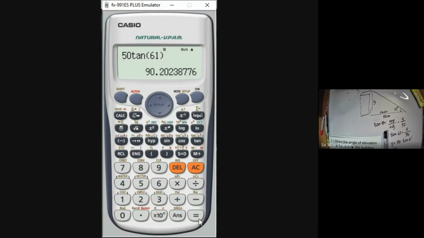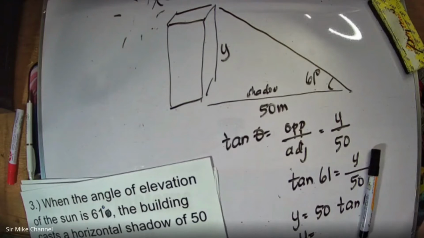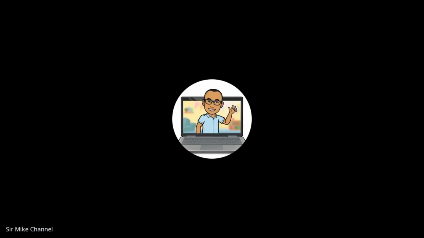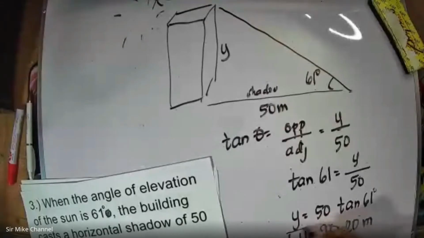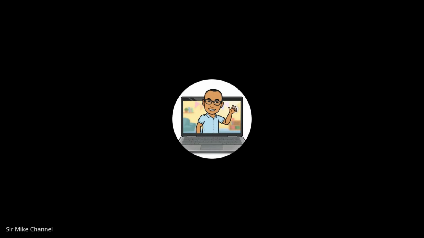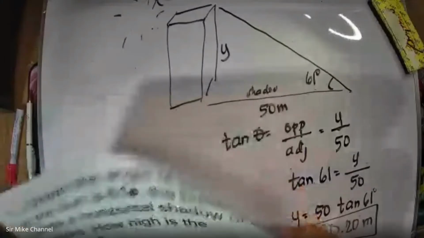So the answer is 90.20 meters. So this is the height of the building. So yan po yung angle of elevation natin. Okay, so we have only 3 examples.